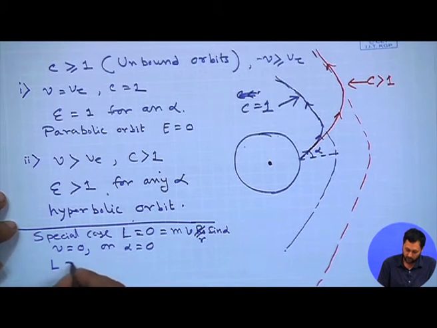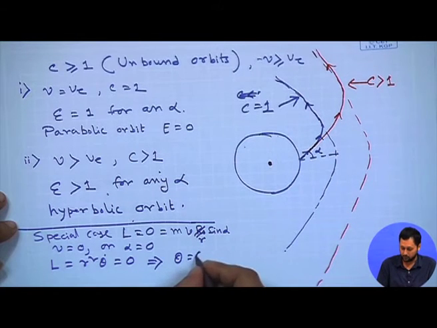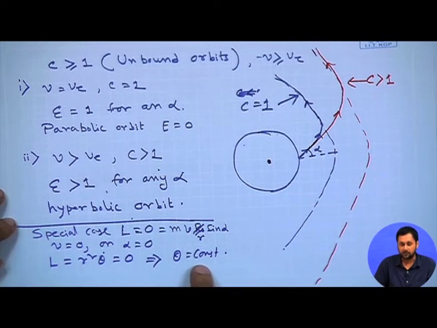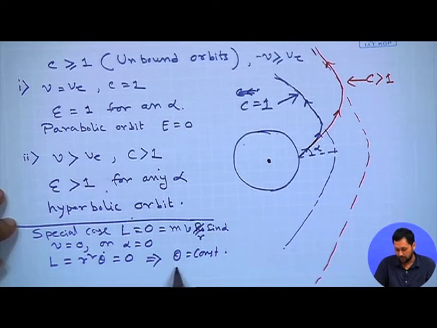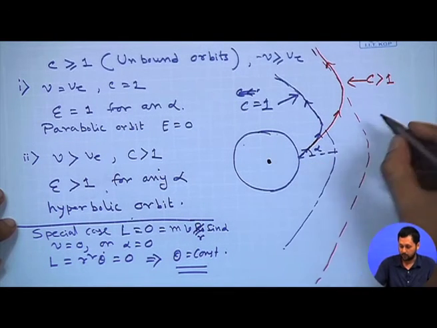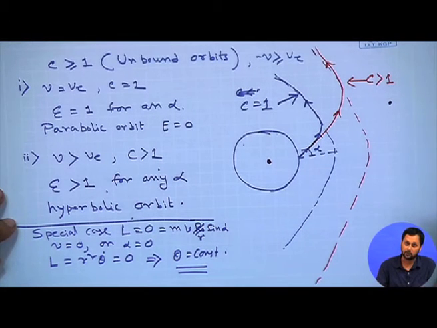Now, if you recall, L is equal to r square theta dot, which will be equal to 0, which will give you theta equal to constant. So, this will give you an orbit on which theta does not change. One particular case could be, let us say if this is our earth and we drop an object from outer space with 0 initial velocity.